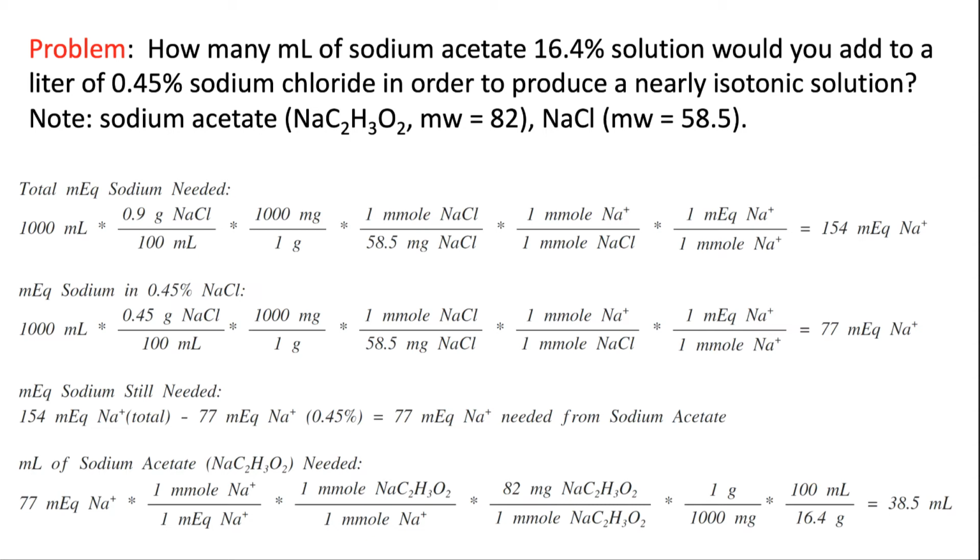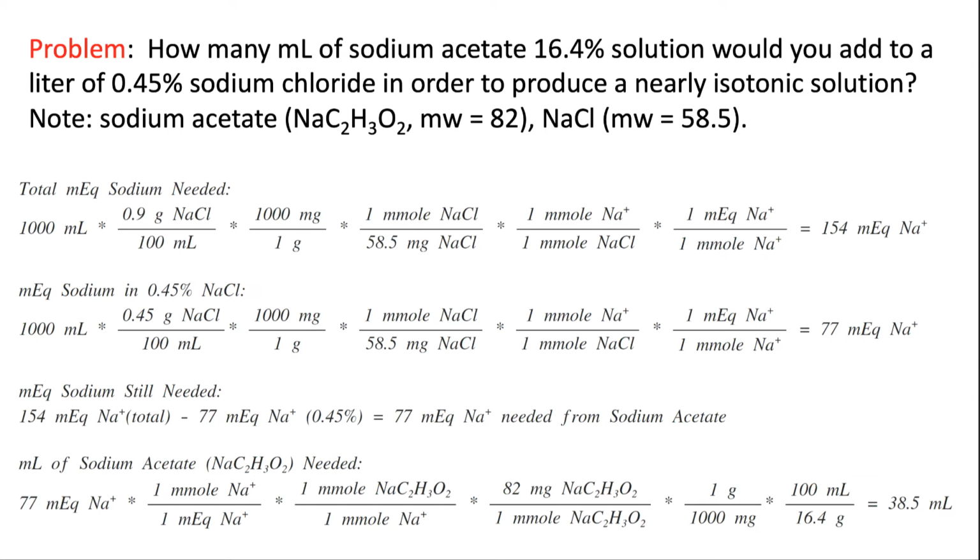The last step is to use the concentration of our additive to determine the volume. The concentration we were given in the question was 16.4%, which is a weight per volume, which means 16.4 grams for every 100 milliliters. So what I'm going to multiply by is the concentration expressed as 100 milliliters on top over 16.4 grams on the denominator.